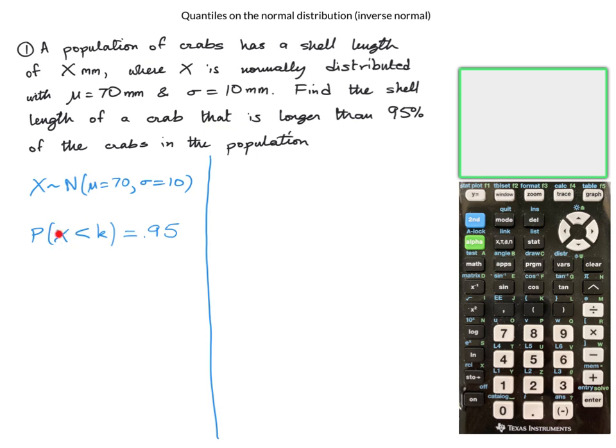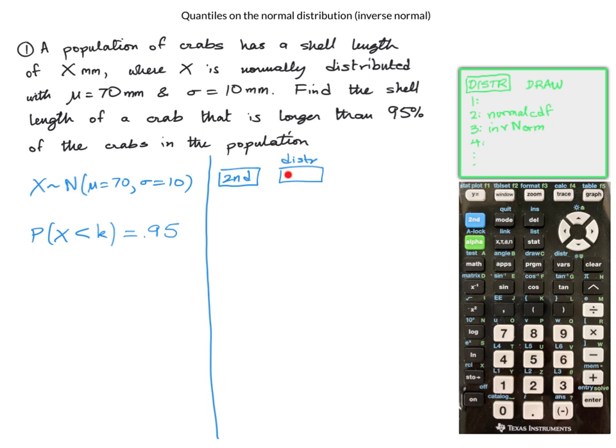So the probability that picking a random crab, not ours, a random crab has a length less than ours is 0.95. The thing I don't know is what k is. So we're given a probability value, the 95% or the 0.95, but we don't know what the boundary is on that probability. So that's what the inverse normal is going to help us find.